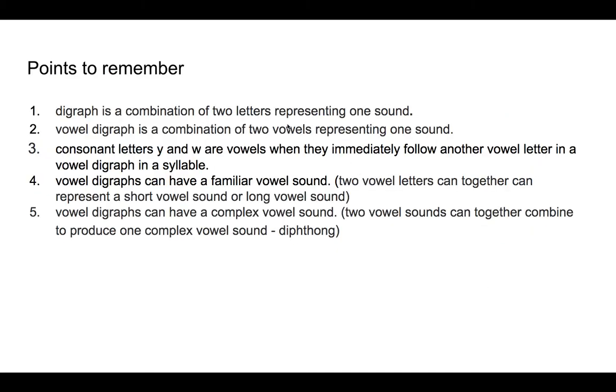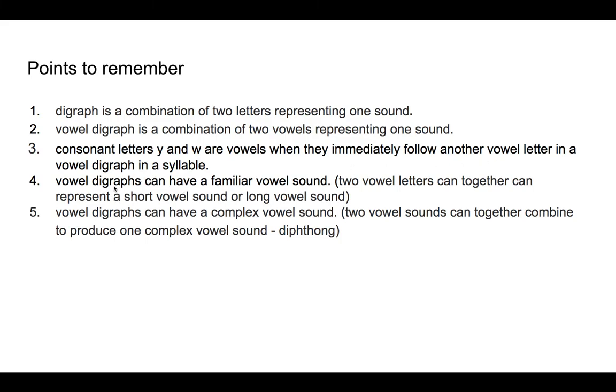Here is the summary of what we have seen in this video. A digraph is a combination of two letters representing one sound. When two vowels represent one sound, it is called a vowel digraph. The consonant letters Y and W are considered vowels when they immediately follow another vowel in a vowel digraph in a syllable.